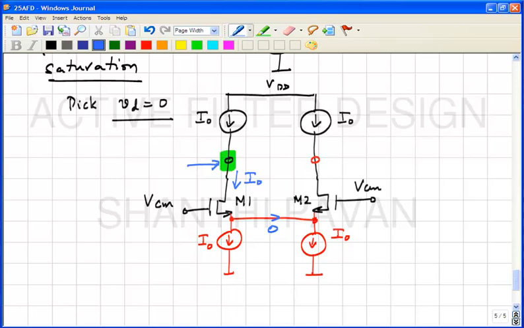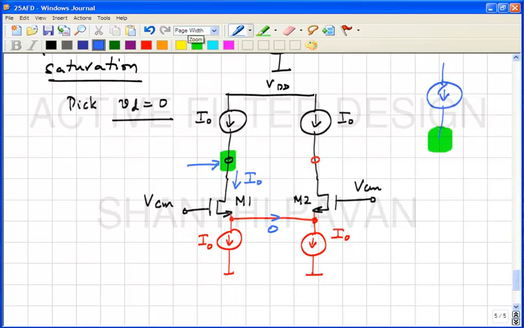Greater than VCM. Okay. So, as far as we are concerned, the potential of this node is being determined by two current sources.